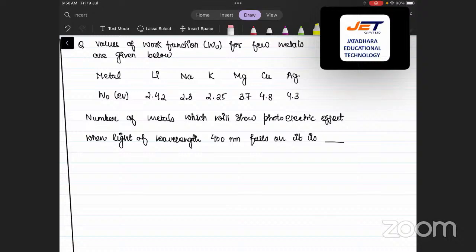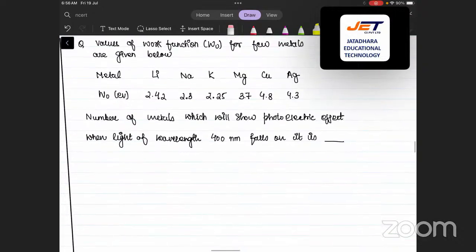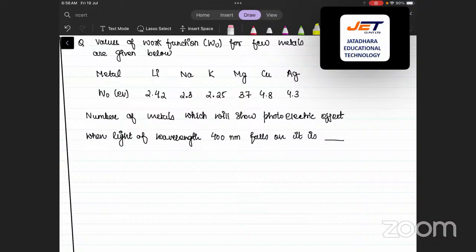There is a table given to you in NCERT also, and this is the question you got last year in JEE. It gave you the work function for a few metals, and you have to tell the number of metals which will show the photoelectric effect when light of wavelength 400 nanometer falls on it.